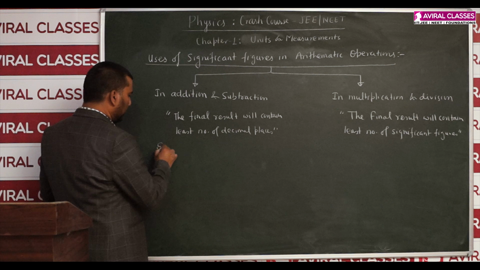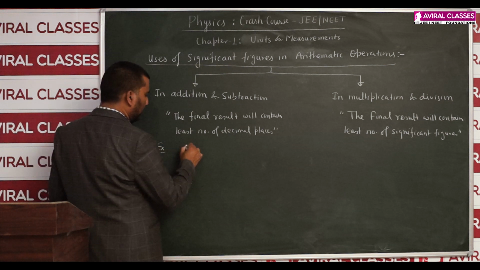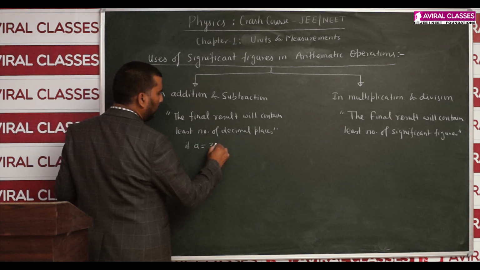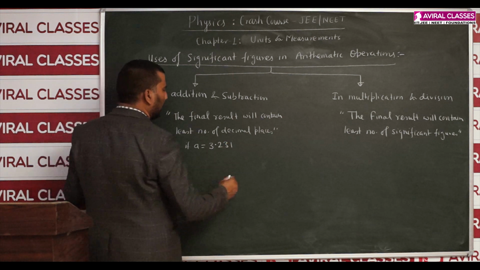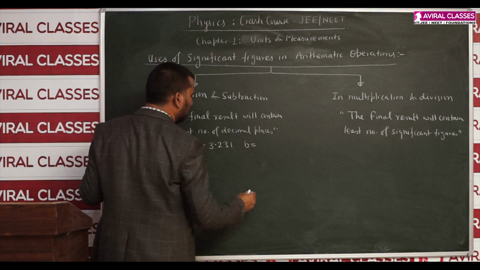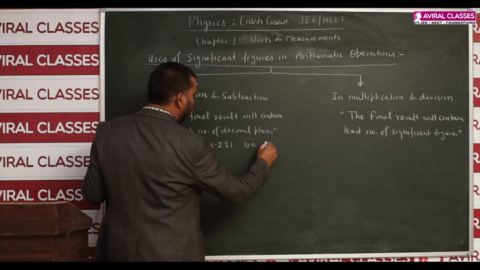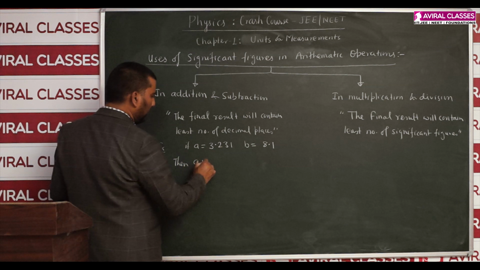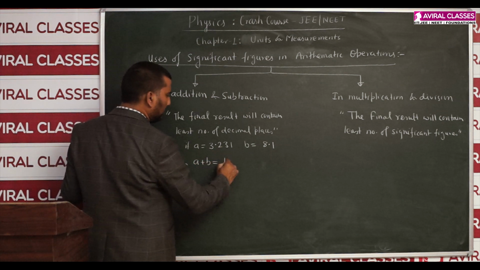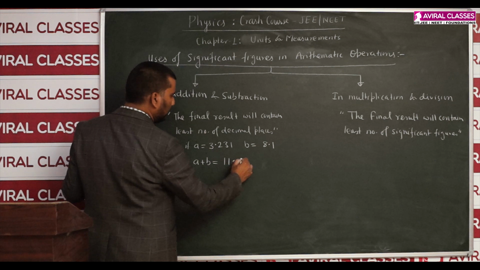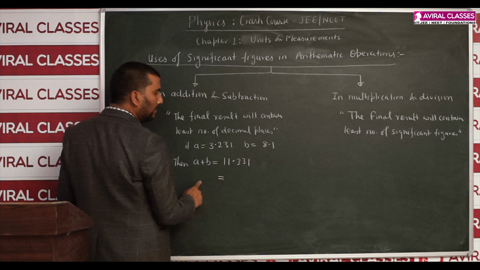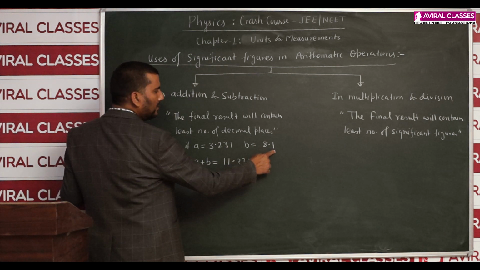Here, consider one example. If A is 3.231 and B is 8.1, then A plus B is, the answer will have the least number of decimal places, which is 1 here.